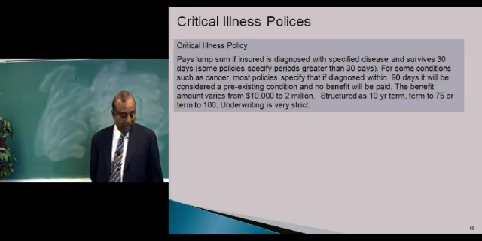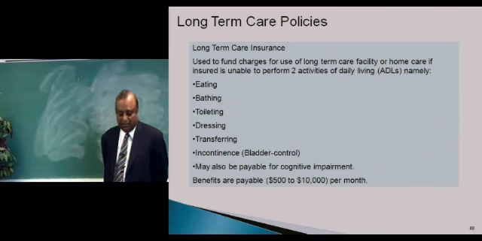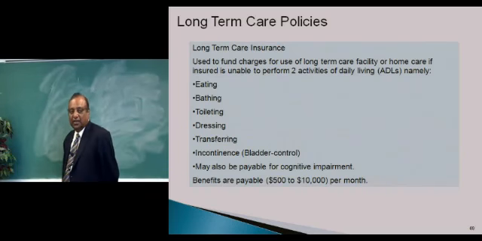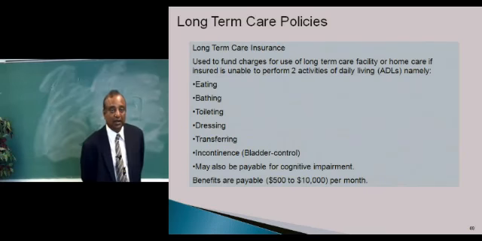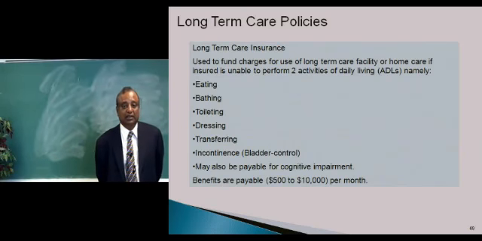There is long-term care insurance. This policy pays the benefit if a person needs to go to a long-term care facility. And the doctor will recommend that you go to a long-term care facility if you cannot perform 2 out of 5 activities of daily living, which are eating, bathing, toileting, dressing, or transferring. Incontinence, that is bladder control, may be included in certain policies.